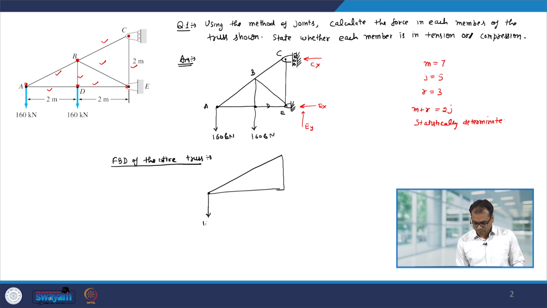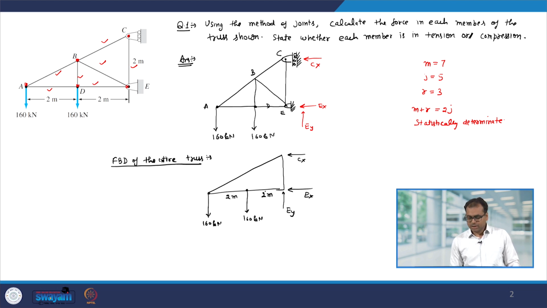You have a 160 kilonewton force acting at this point, and a 160 kilonewton force acting over here, and here you have Ey, Ex, and then we have a force Cx. So, this is the free body diagram of the entire truss.